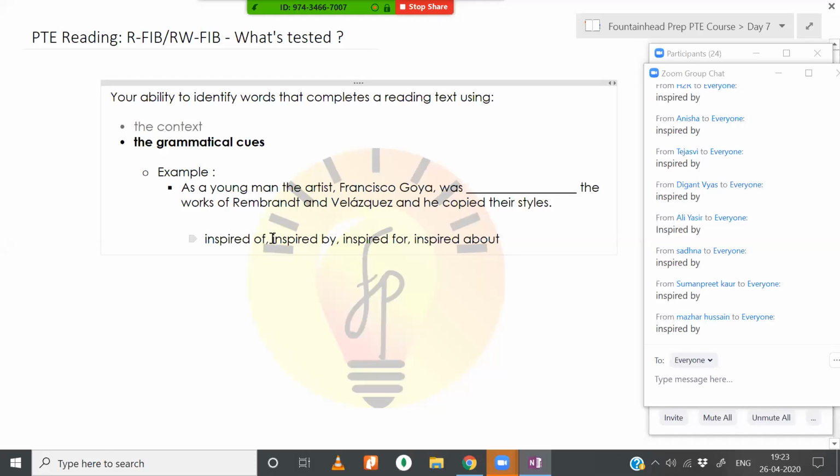So, inspired by this. Such questions you will see in drop down questions, that is reading and writing fill in the blanks. Okay. So this basically contributes towards your writing also.